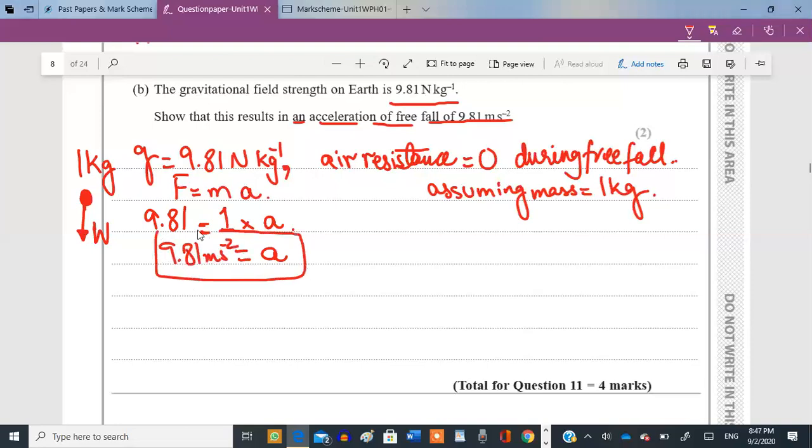That's why the acceleration of free fall is 9.81 meters per second squared on the surface of Earth. Clear? This can also be called the resultant force, which is the weight of the object, 9.81 Newton.